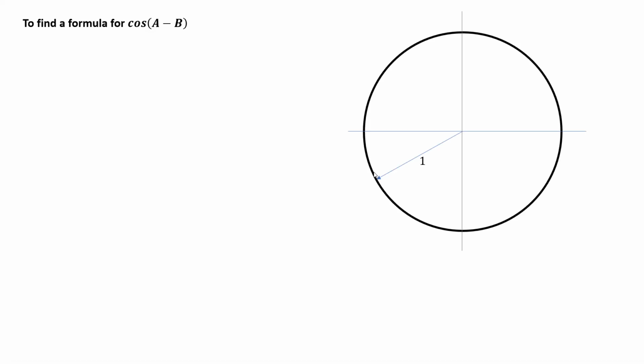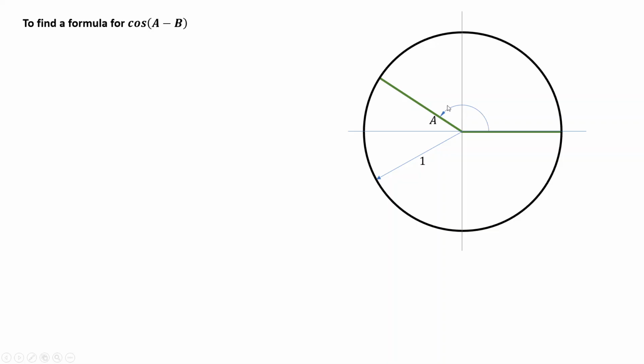Okay, here is the idea. Suppose I have a circle with 1 as radius and origin at the center, which is what our favorite unit circle is all about. Let's say we have something like that, right? Then let's say we have an angle A like this.